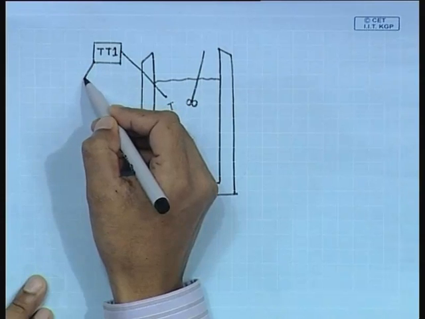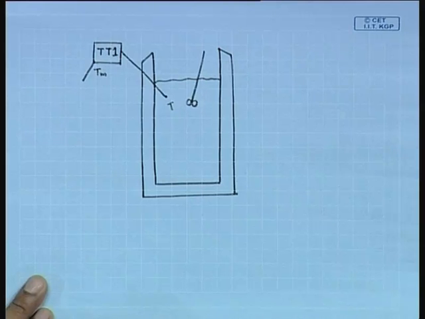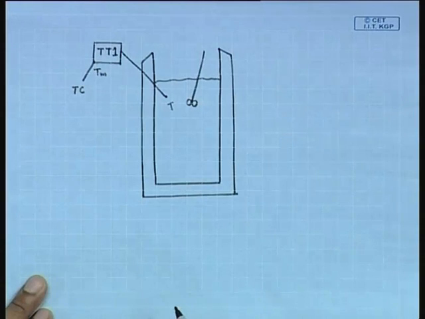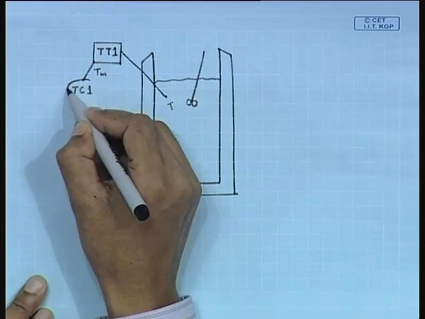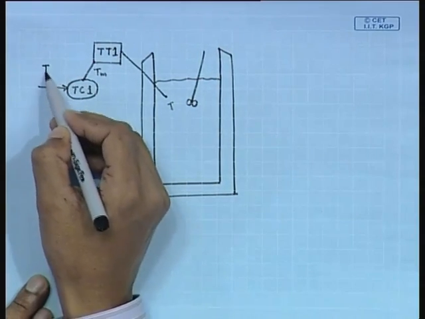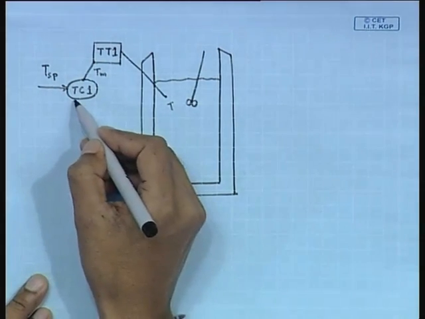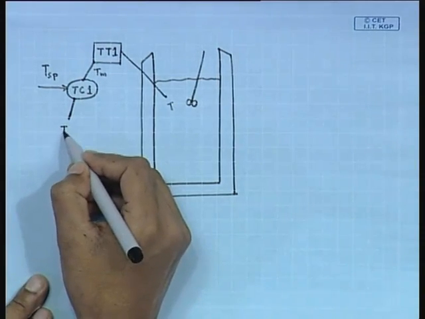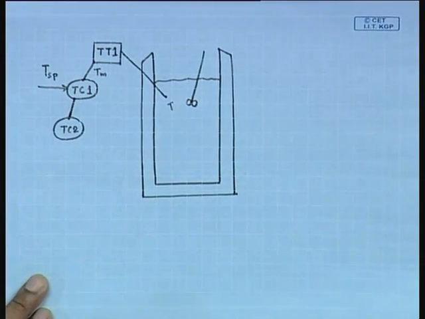Then the measured temperature information, which is Tm, goes to the temperature controller, which is TC1. Fine. Then the output of this first temperature controller goes to another temperature controller, that is TC2.